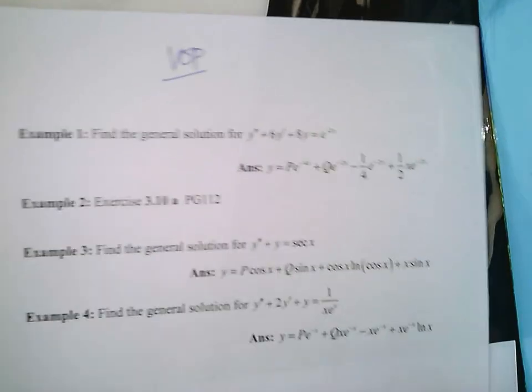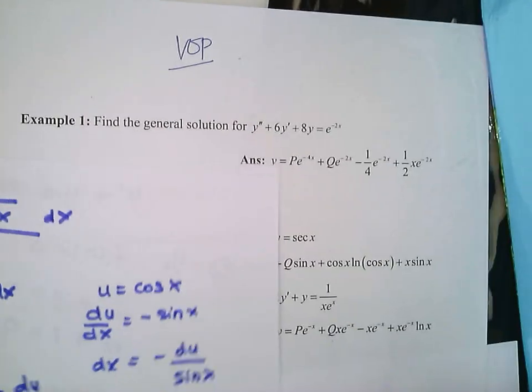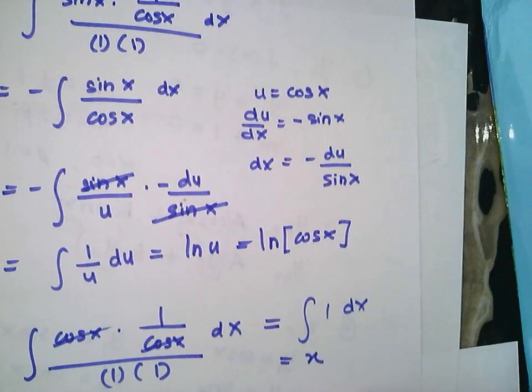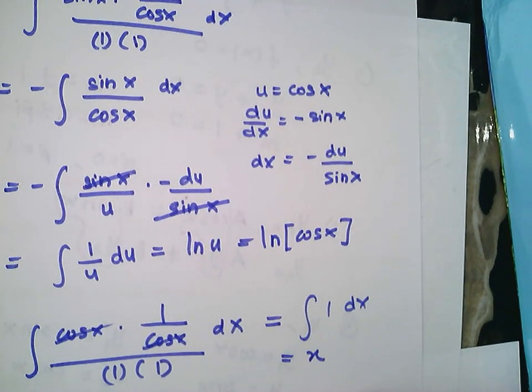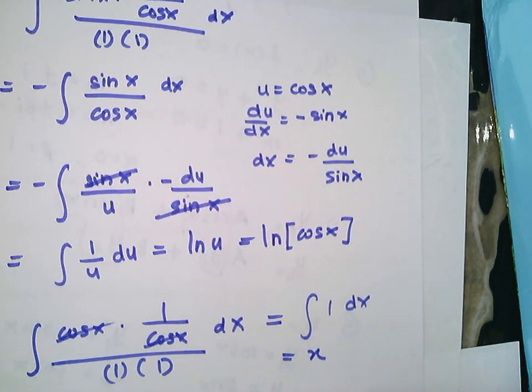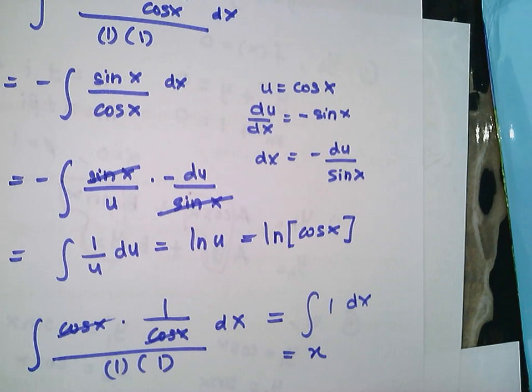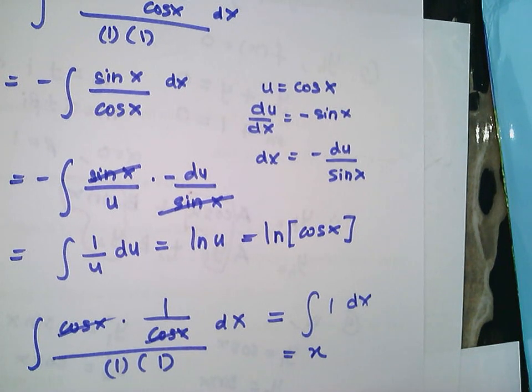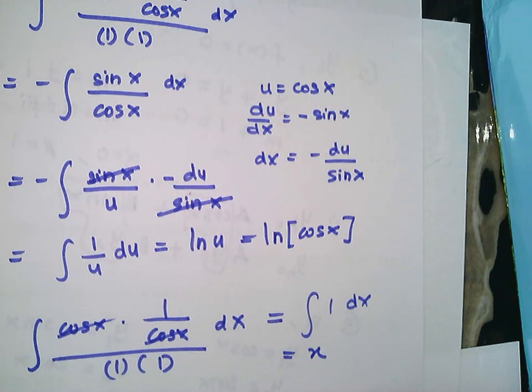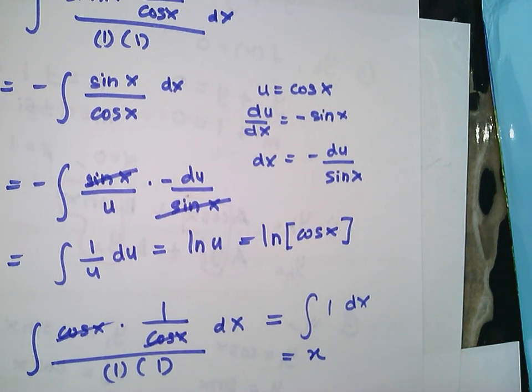Before that, I will upload the checklist for this chapter 3, so go through the checklist one by one. Whichever subtopic you don't understand, please refer back to my video.